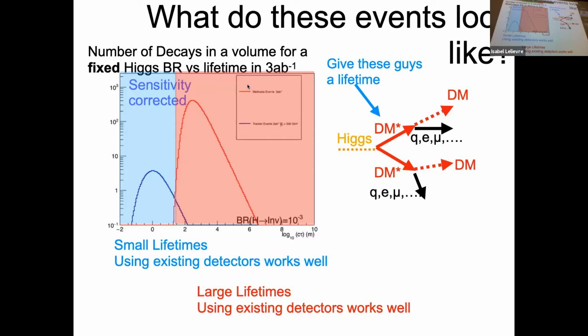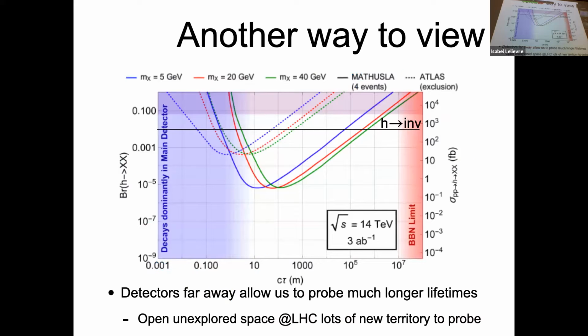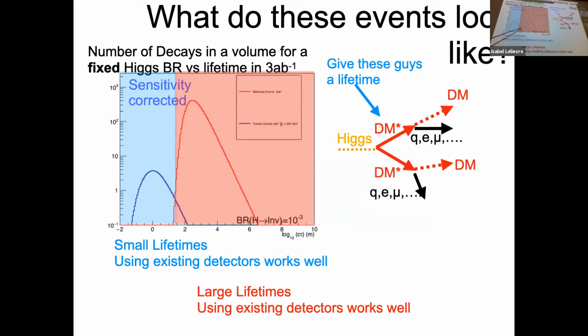And so then what you can do is take these and make bounds. Here's a nice plot of these bounds. The upper bound is Higgs to invisible. At some point you won't have enough displaced vertex events to identify these decays, so you just do Higgs invisible.